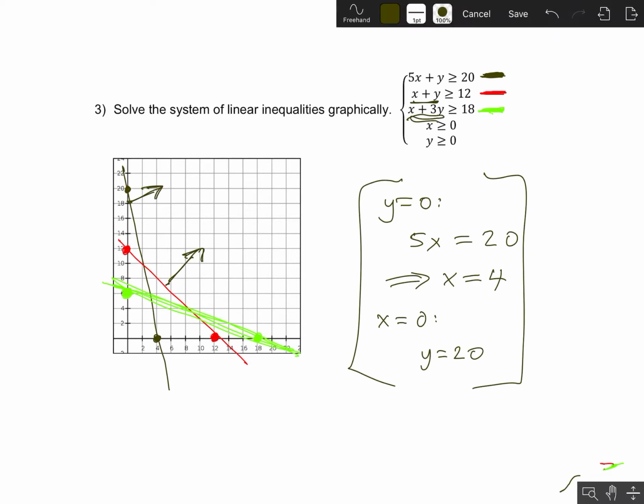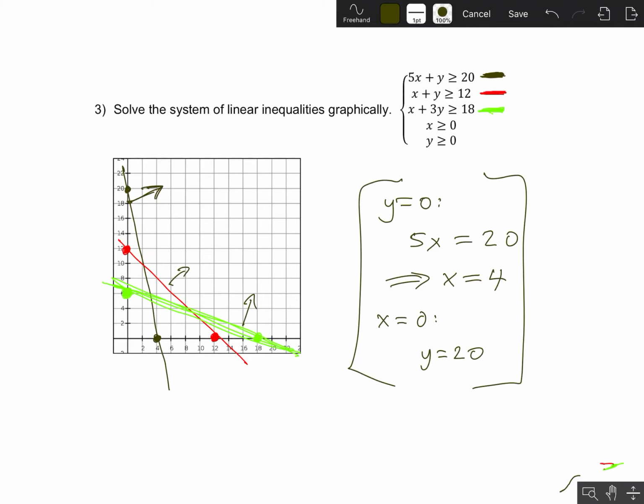And then similarly for this last one, we're looking at x plus 3y is supposed to be bigger than 18. The origin does not satisfy that inequality, and therefore the origin does not belong in the solution set for the green. So the solution set for the green would be the region above the green. So that means that we're looking at this region for our solution sets.